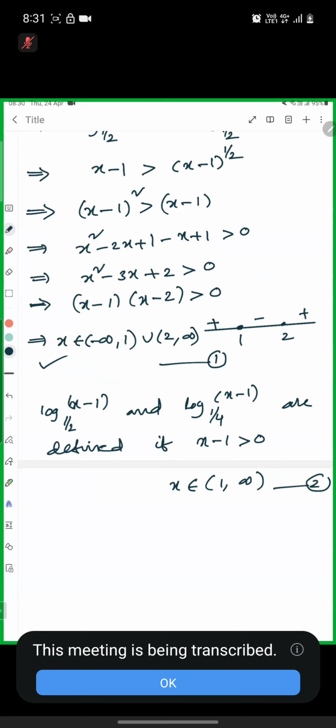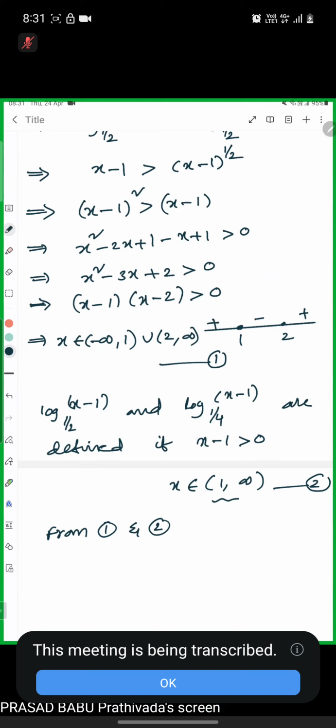Now tell me the common values of 1 and 2. Common values means those that satisfy 1 as well as 2. 1 to infinity? 1 to 2 is not there here.